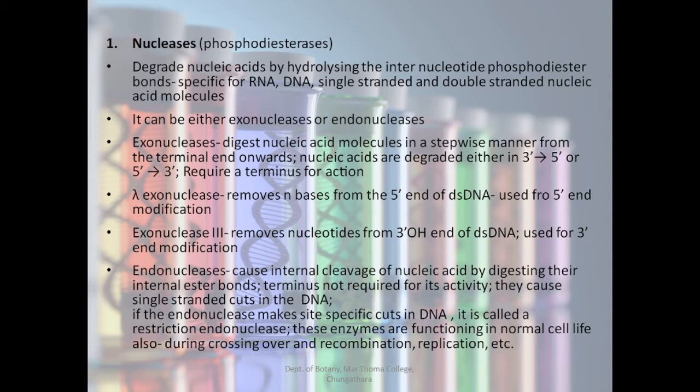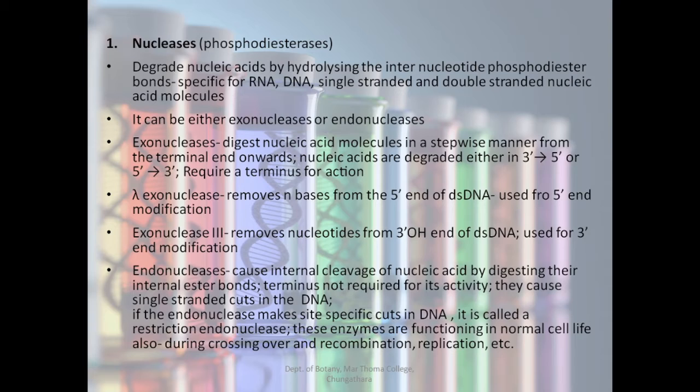There are lambda nucleases which also belong to the exonuclease family, removing nitrogen bases from the 5' end of double-stranded DNA. It is used for modifying the 5' end of the DNA. Other exonucleases, commonly known as exonuclease 3, remove nucleotides from the 3' OH end of the double-stranded DNA. And of course, this is used for the modification of the 3' end.